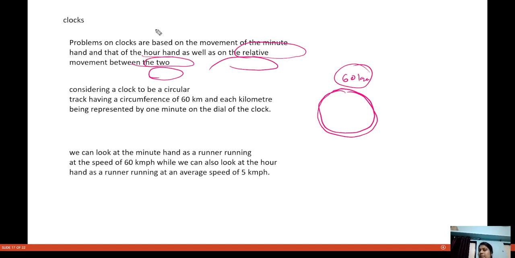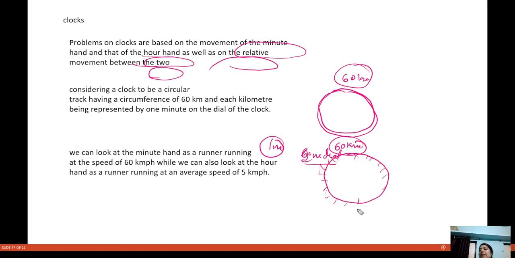To solve problems based on clocks, I am assuming the clock is a circle with a circumference of 60 kilometers, and each kilometer is represented by 1 minute on the dial.